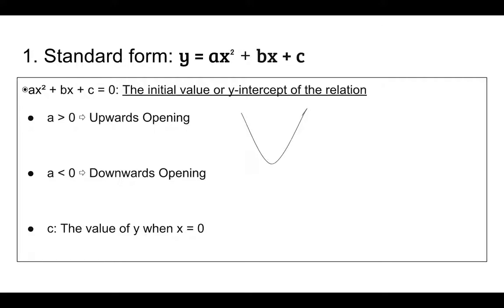If the value of a is less than 0, the graph will be downward opening. The value of c represents the value of y when x equals 0, like this one.